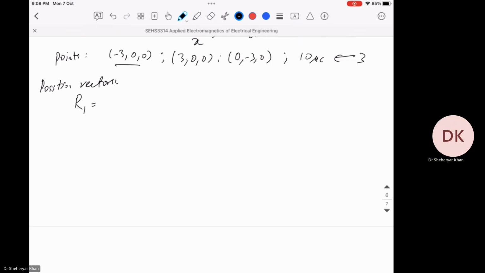R1, from this point, we can say minus 3x. R2 is 3x. R3 is minus 3y.